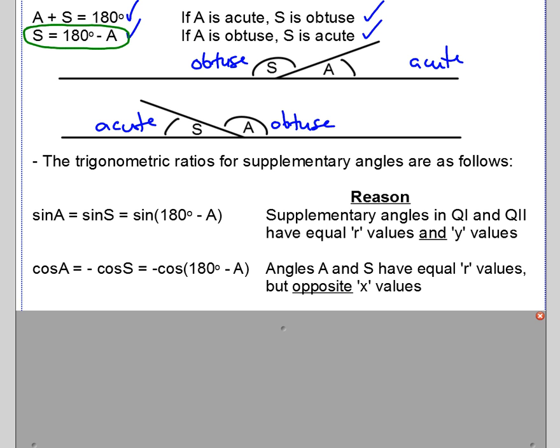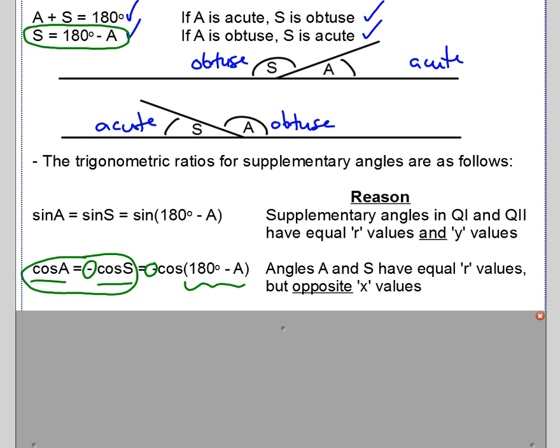We can say that the cos of the angle is equal to the opposite of the cos of the supplement, or we can say that the cos of the angle would be the opposite of the cos of 180 subtract the angle.